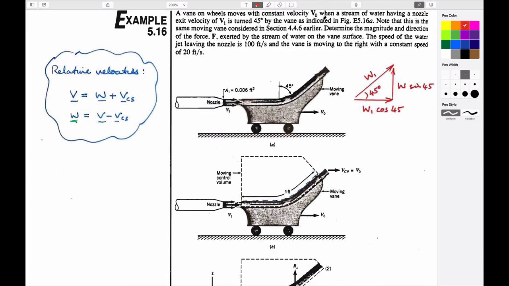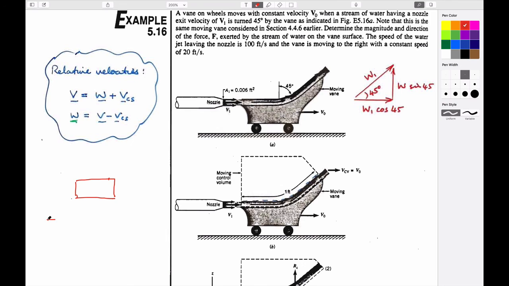So for this, if it's static, say you had the example that you have here, with a velocity.